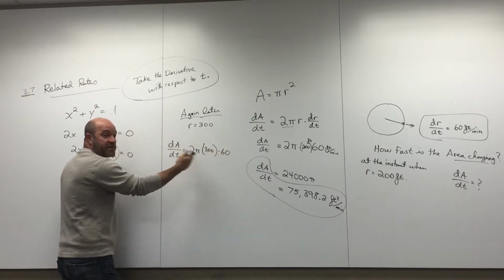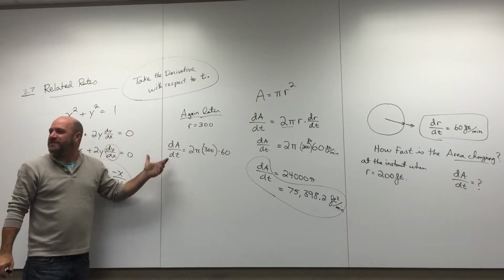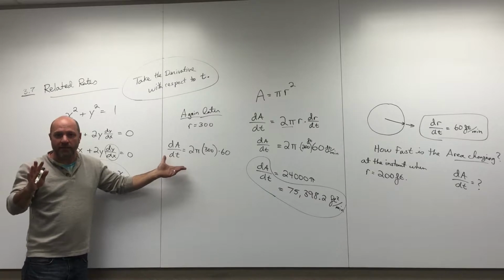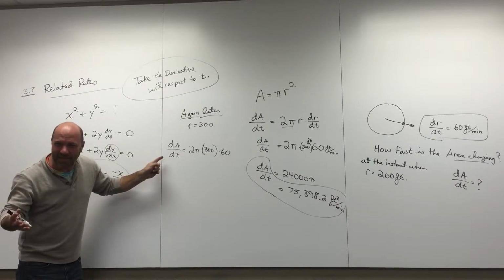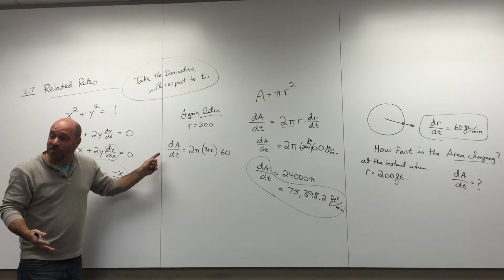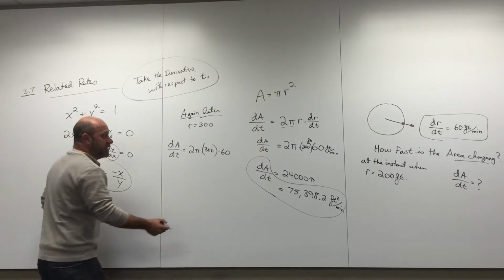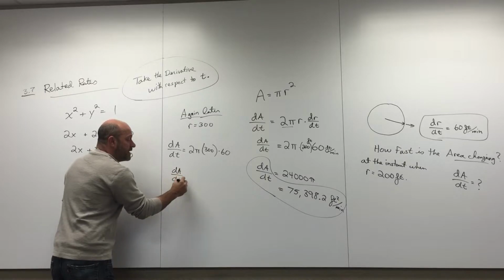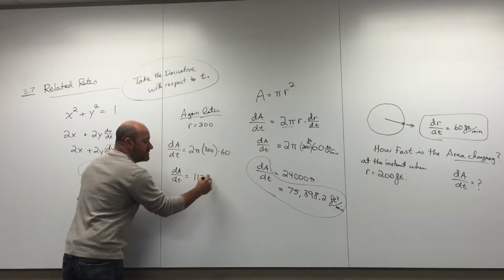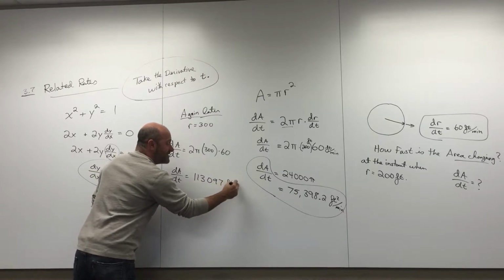The area is bigger, but this is not area. It's the rate of change of the area. So the rate at which the area is growing is now a larger number, 113,097 square feet per minute.